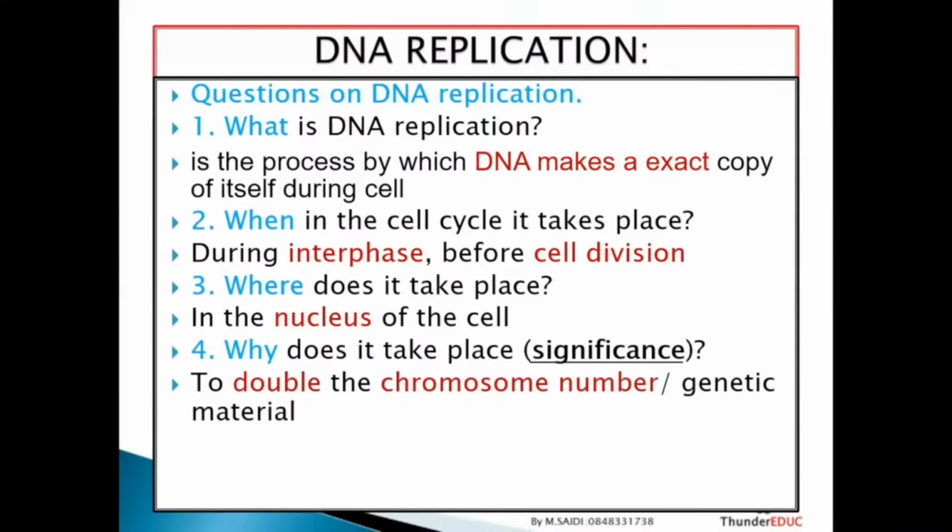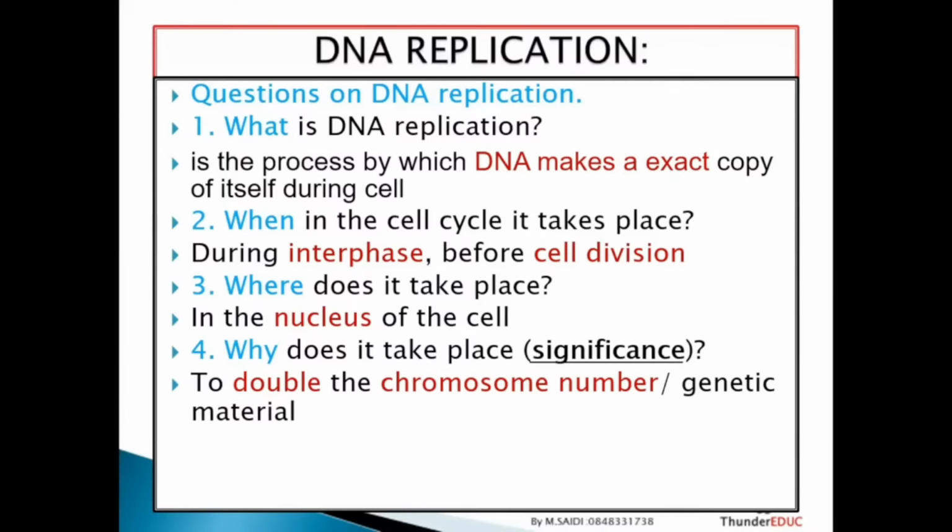The answer we need is to double the chromosome number. If you had 23, if you were haploid, when you double you become diploid, so that the cell divides. In the case of meiosis, it divides and goes back to haploid, so that you maintain the chromosome number from generation to generation.